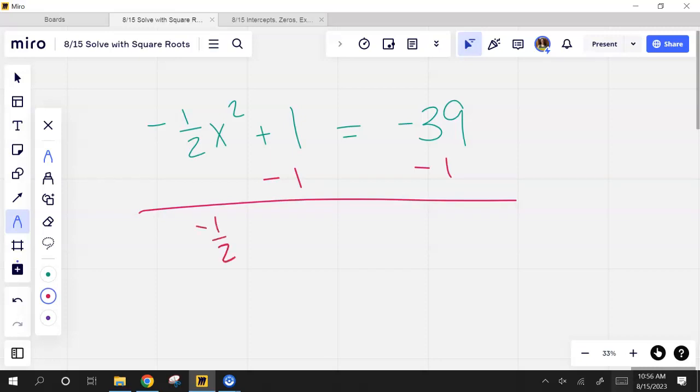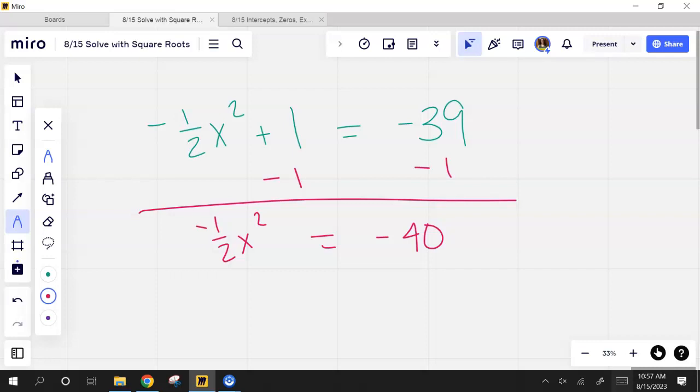Okay, now everybody listen because here's the part you're going to get mixed up on. I don't ever want to divide by a fraction. Instead of dividing by a fraction, you know what you're going to do? You multiply by the flip.